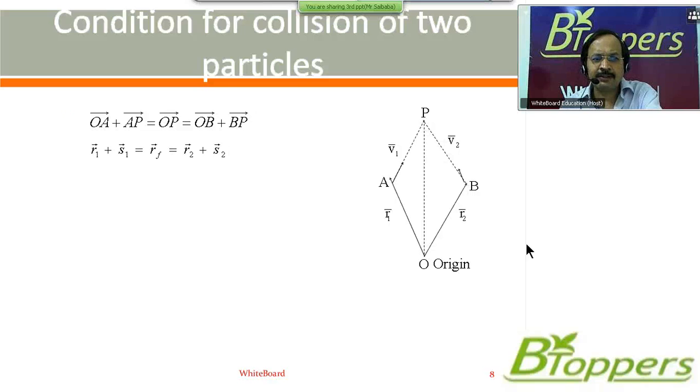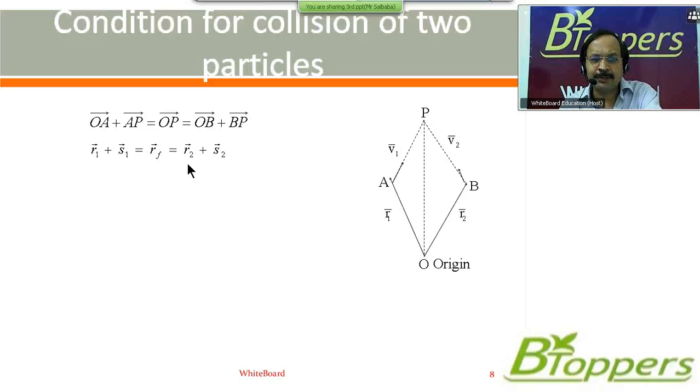So OA bar is written as R1 bar, AP bar is written as S1 bar, meaning the displacement of the first particle. OP bar is written as RF bar, meaning the position vector of the final position of each particle at the instant of collision. OB bar is written as R2 bar, which represents the position vector of the initial position of the second particle.